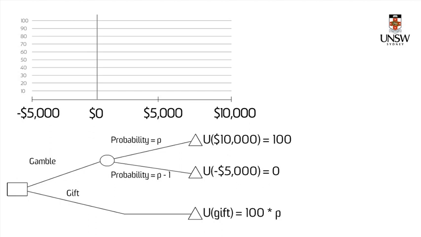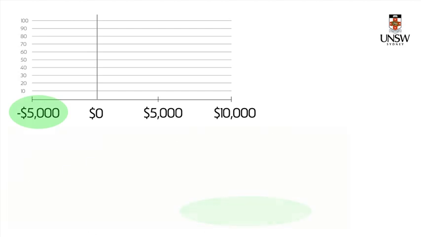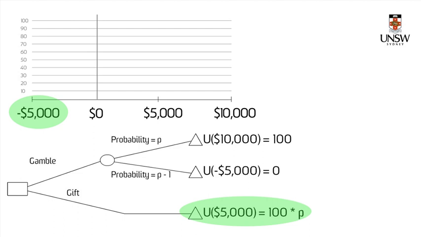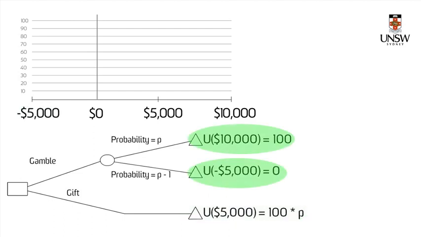So we'll start at this end here. We're talking about losing $5,000. What value of P makes losing $5,000, which is your gift, the same as taking the gamble? Well, the gamble involves getting $10,000 or losing $5,000.